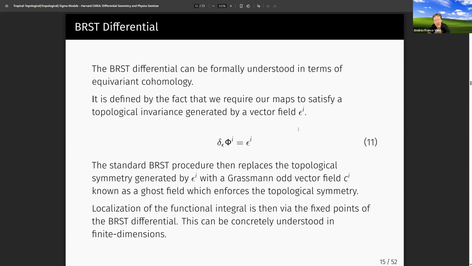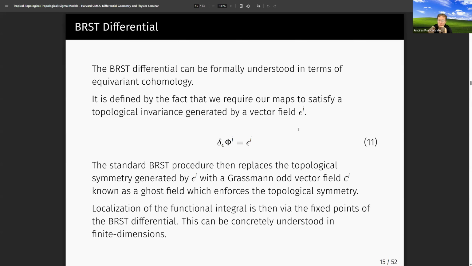The way in which we define the BRST differential in practice is that if you have some sort of topological invariance of a particular map, which we denote phi^i, and that invariance is generated by a vector field epsilon^i, then the standard procedure is to replace that vector field epsilon^i with a Grassmann odd vector field c^i, which we call the ghost field.